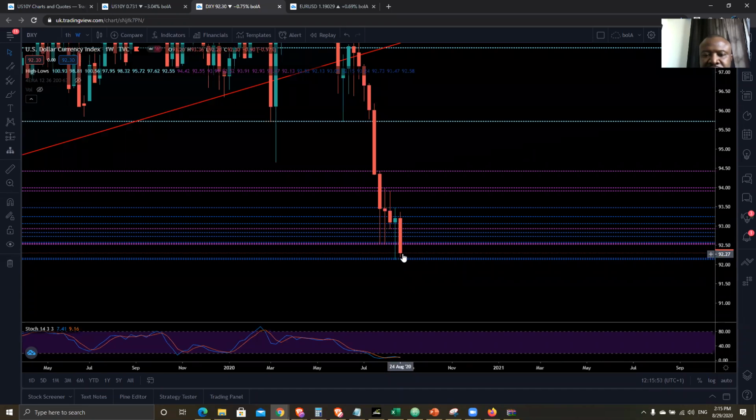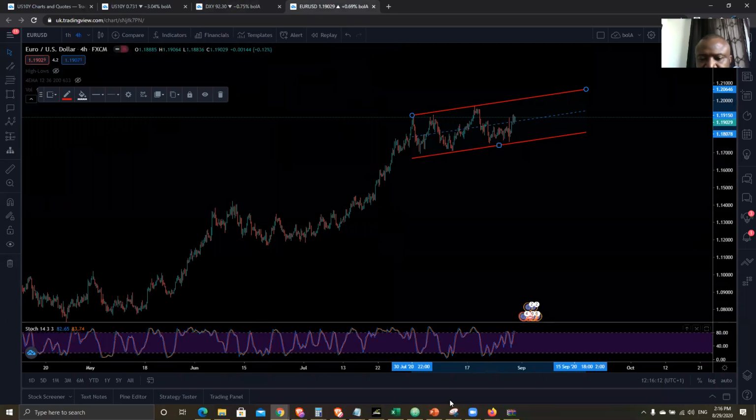We can start to see next week trade coming in positive territory. Price may eventually start to rise back up going into next week. And when we look at this one, let's see.